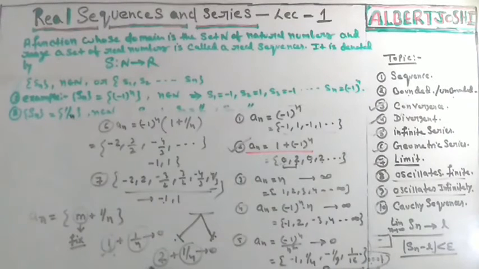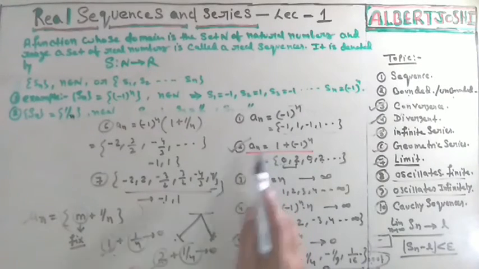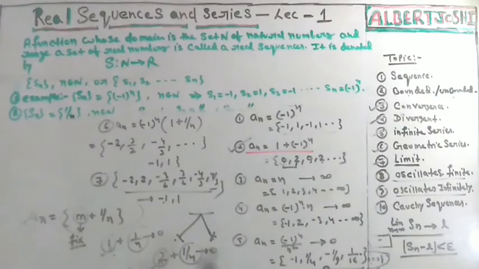So one time you are getting 1, then 2, then 3. For this fixed value, you are getting different outputs. So such a type of series is called oscillate infinitely. Okay, you must discuss with some of your friends, then it will be clear. That is oscillate finitely, that is oscillate infinitely.